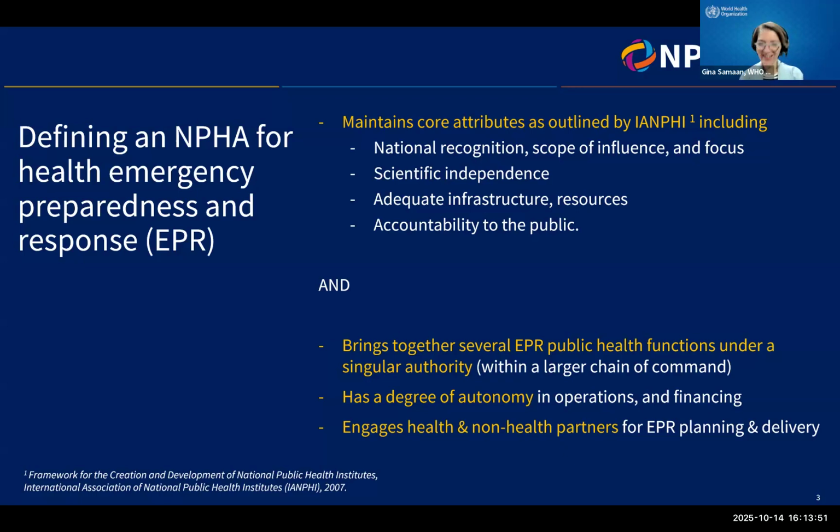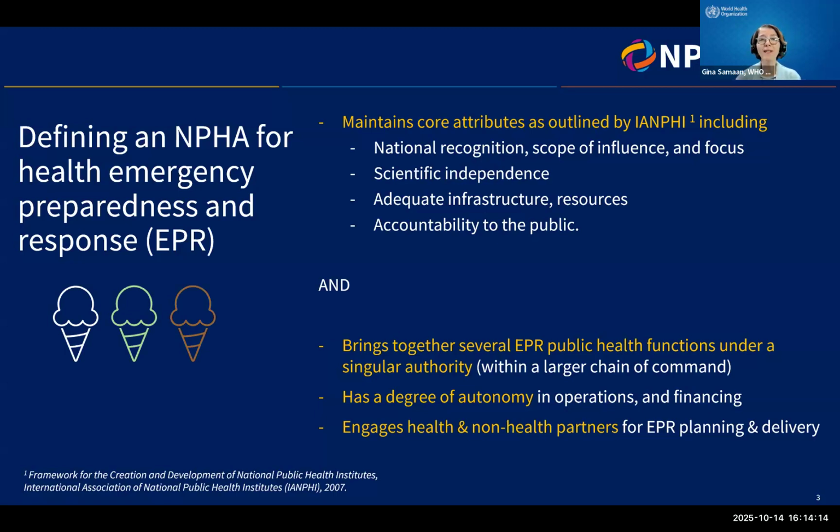In essence, I would say that there are many flavors of NPHA ice creams. And the reason is the countries are forming and shaping an NPHA according to their needs. So some key defining features of an NPHA really depend on the national context.